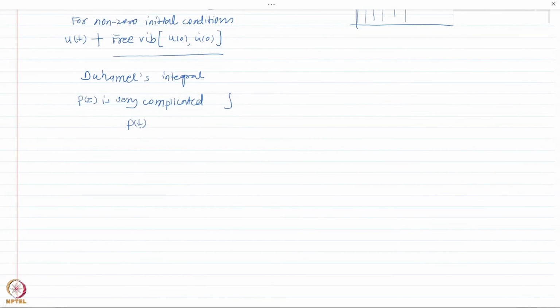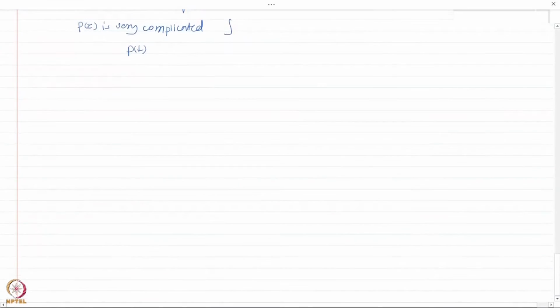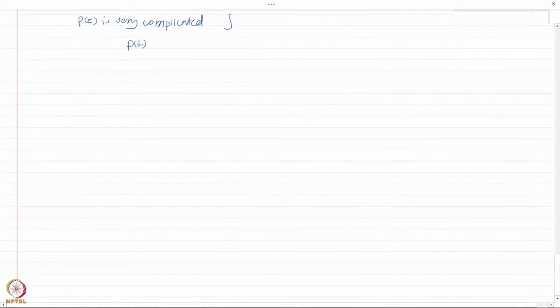It might not always be the best method for finding the response of a single degree of freedom system, but it's good to have knowledge of it.